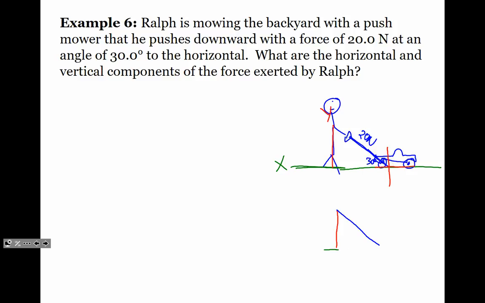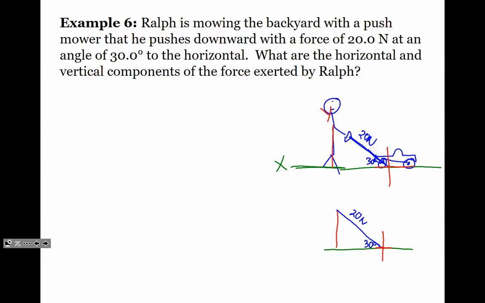And it told us that it was to the horizontal, and that this is 30 degrees to the horizontal, which sets us up to do this as our compass. All right? And so we know that this is 20 degrees. So we are going to have to do things a little bit differently here.